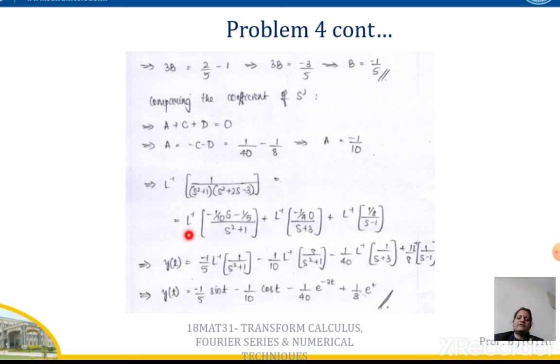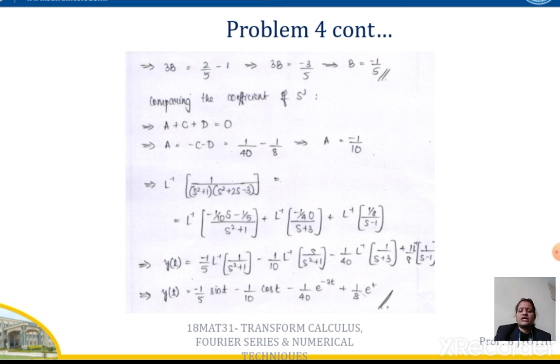Then the first term becomes L inverse of minus 1 by 10 s minus 1 by 5 divided by s squared plus 1. And the second term becomes L inverse of minus 1 by 40 divided by s plus 3. The third term will be L inverse of 1 by 8 divided by s minus 1.